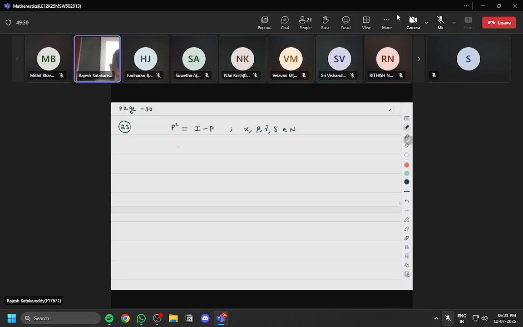They have given that P to the power alpha plus P to the power beta is equal to gamma into the identity matrix minus 29 into P. One more is given: P to the power alpha minus P to the power beta is equal to delta into I minus 13 into P. These two are given in the problem, and we should calculate alpha plus beta plus gamma minus delta. Other than this, I don't have anything else.